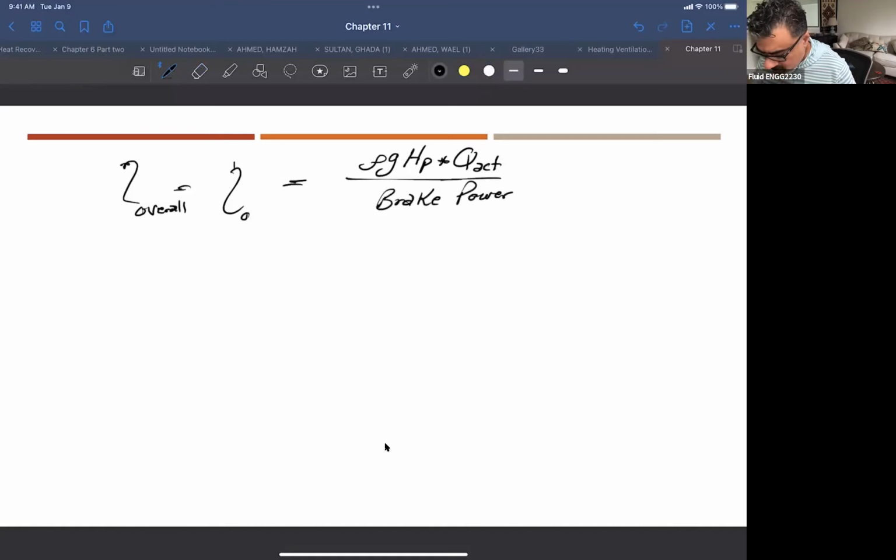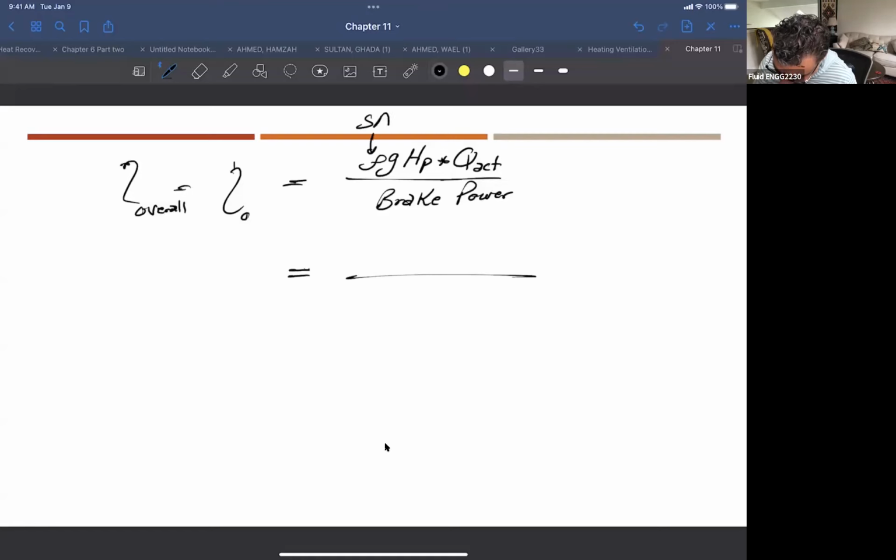If I put all the units in the British system, the power coming out of this equation will be in foot-pounds per second, and then I can convert this into horsepower by dividing by 550.